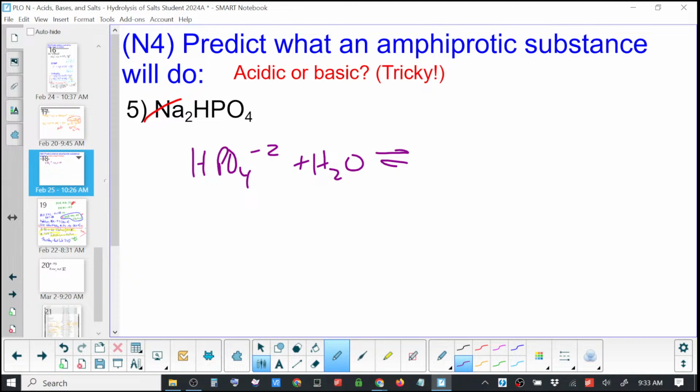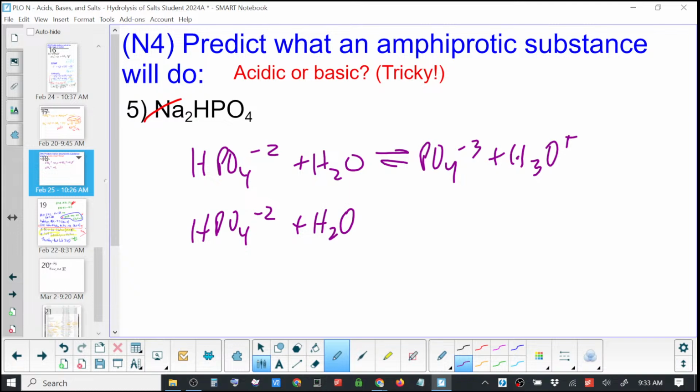It gets an H, so we have PO4 3- plus H3O+. Or it gives an H. Sure, because it does both. Then what do we do? It'll act as a base, because it's a weaker acid than it is a weak base, so it'll act as a base.